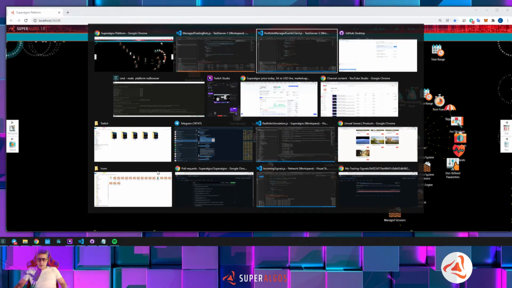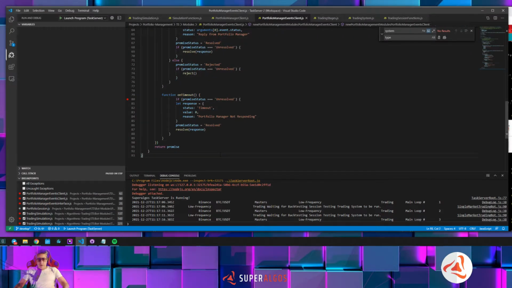We can even run this bot from here. And it's going to be stuck there waiting. We don't even have a breakpoint. It's just going to be waiting. Then we will run the trading bot.